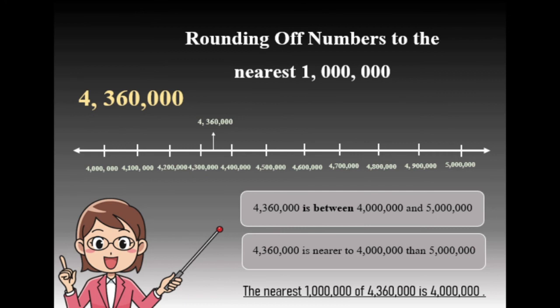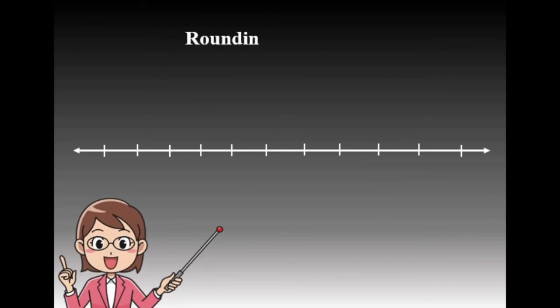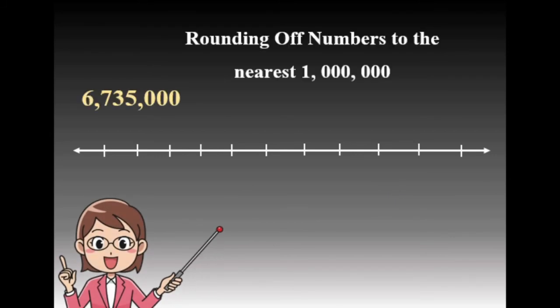Okay. And lastly, another example. It's still rounding off a number to the nearest million of 6,735,000. Let's begin with 6 million and end up with 7 million. Where is 6,735,000 located at?